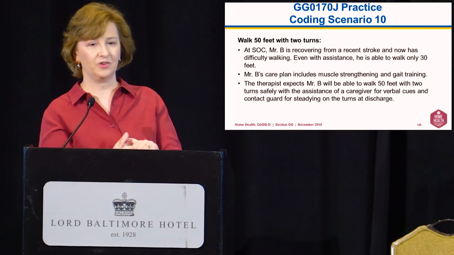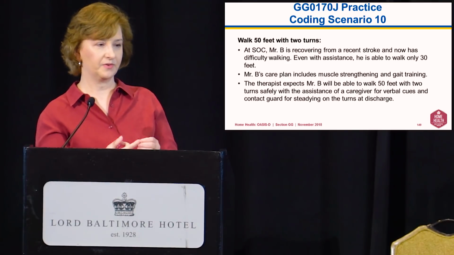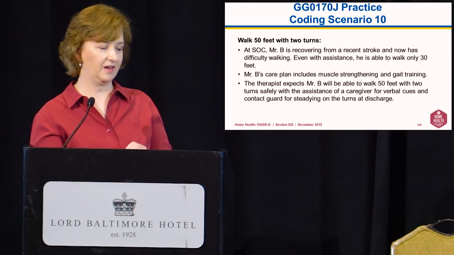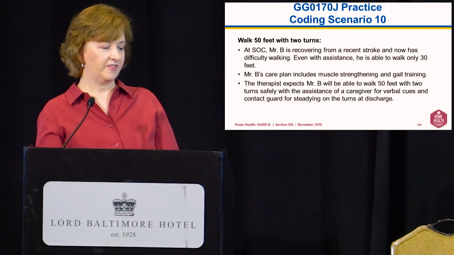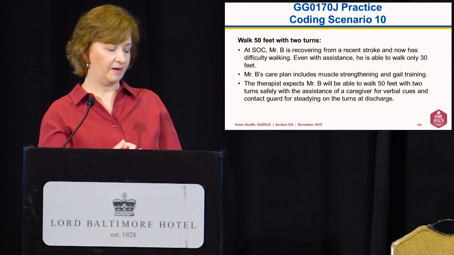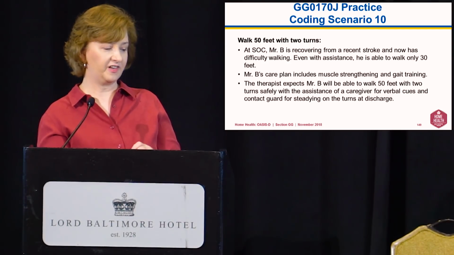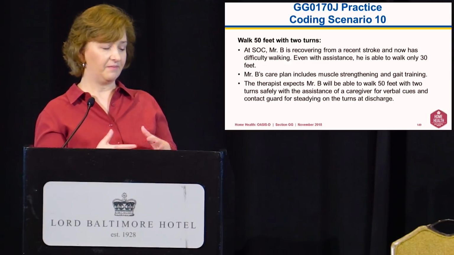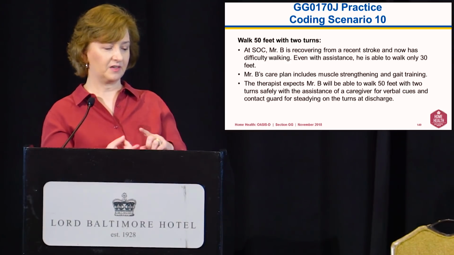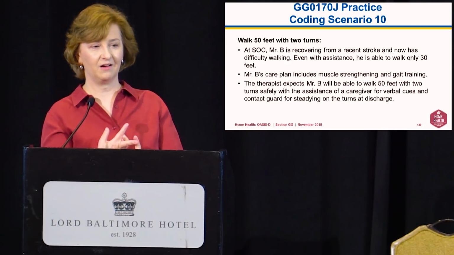And so in this instance, you'd have to think about why the person couldn't perform the activity, and it's a recent stroke. So then in terms of the care planning, certainly it's reasonable to expect that he will be able to walk 50 feet with 2 turns. And the level of assistance expected for the goal is verbal cues and contact guard.